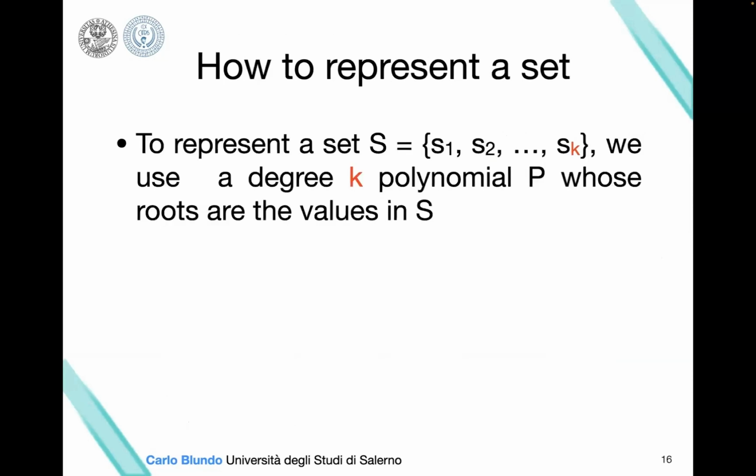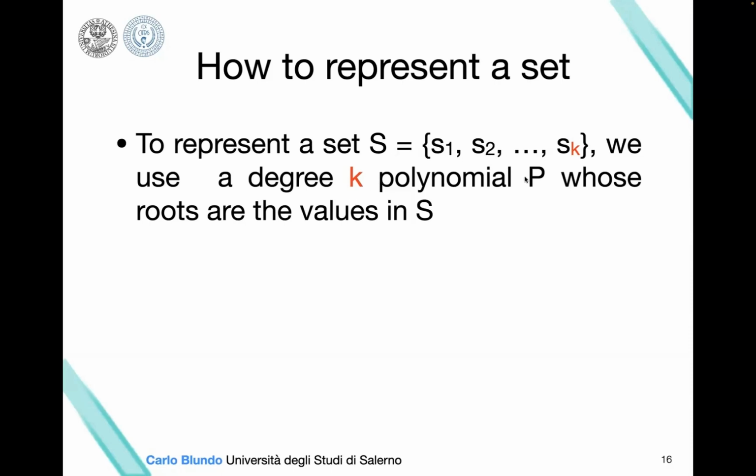Now, we have to represent the sets of Alice and Bob. Instead of hashing the values to a multiplicative group as seen in the previous protocol, we represent the set using a polynomial P of degree K, assuming that in the set S there are K values, S1, S2, up to Sk.